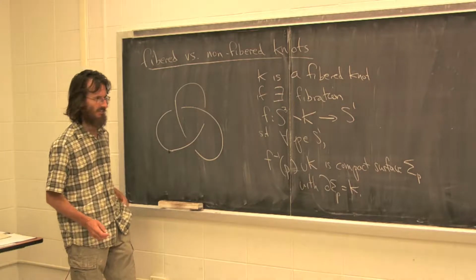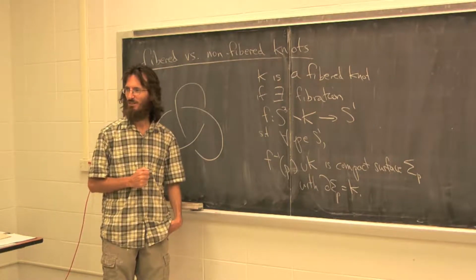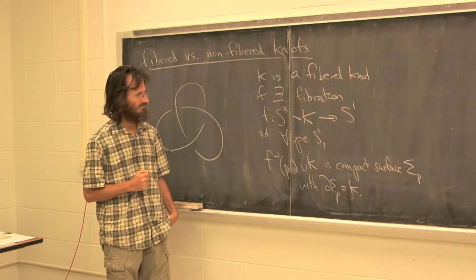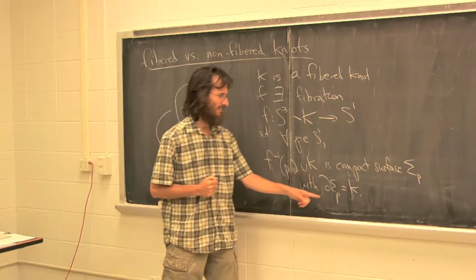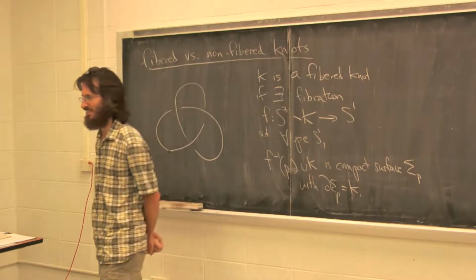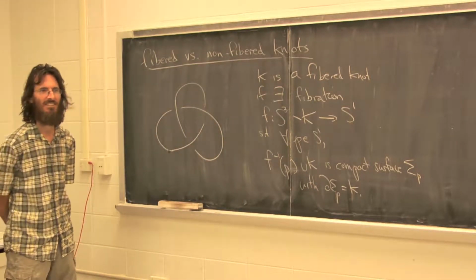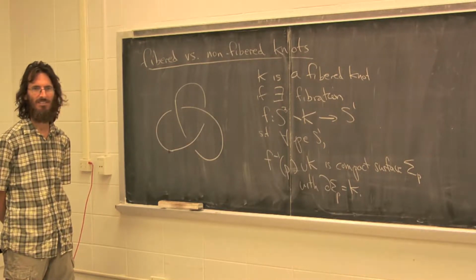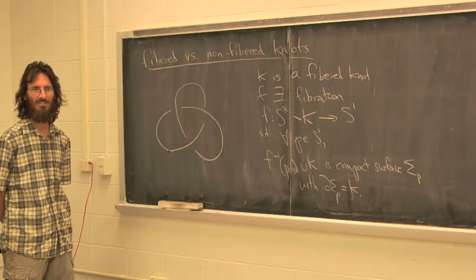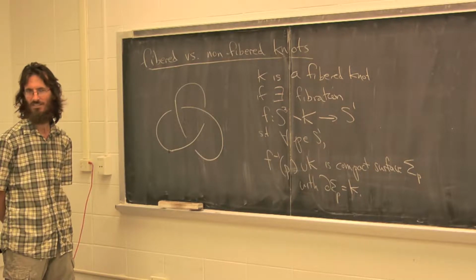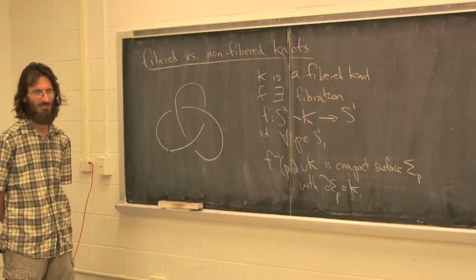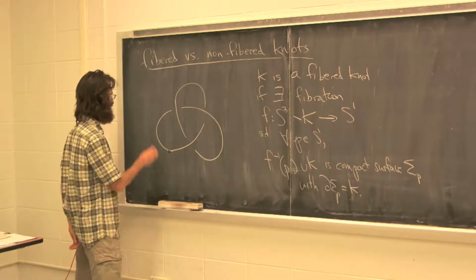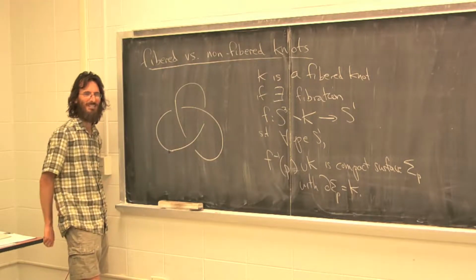You might wonder, here's a quick quiz. Why, how do you know from this that sigma of p is an oriented surface? Because it's embedded in R3 or S3. A Mobius band embeds in R3.